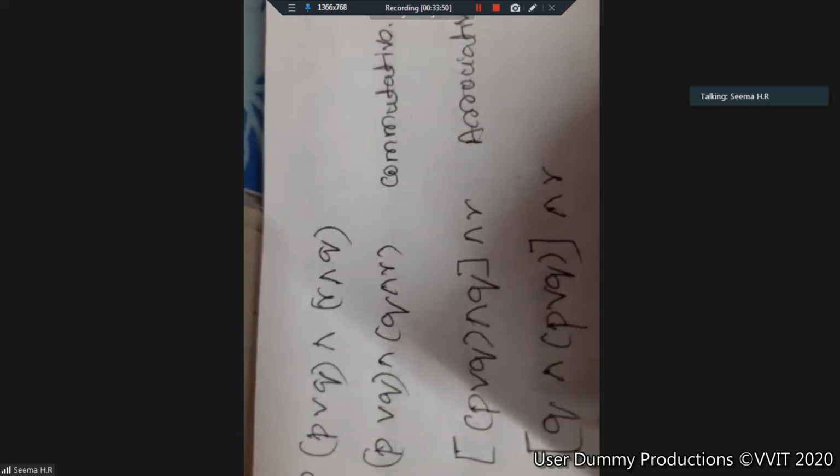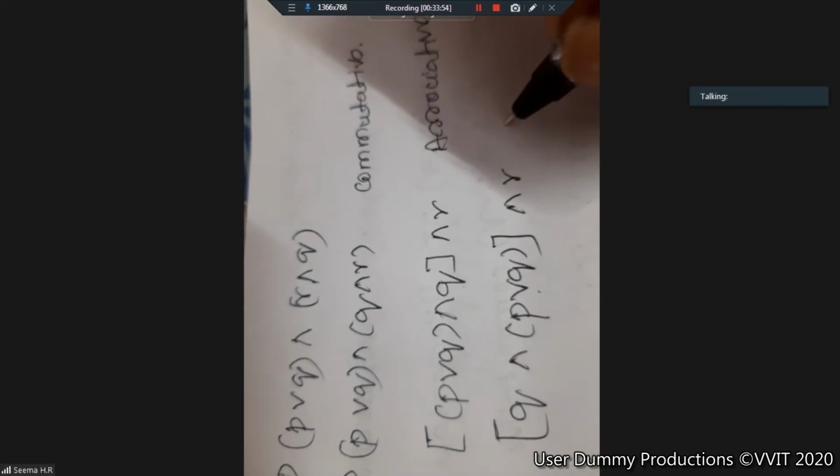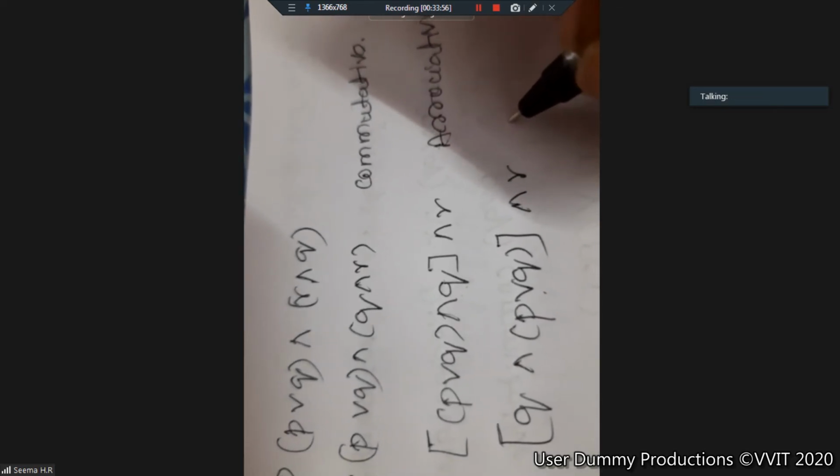A and B I have written as B and A. This is because of commutative law.